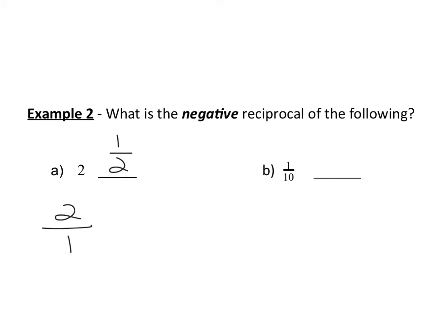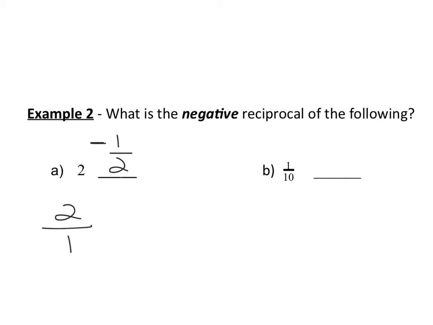Once I flip it, the second step is I need to change the sign. Right now, this is a positive 1/2. If I change the sign, a positive would become a negative. So the negative reciprocal of 2 happens to be -1/2.